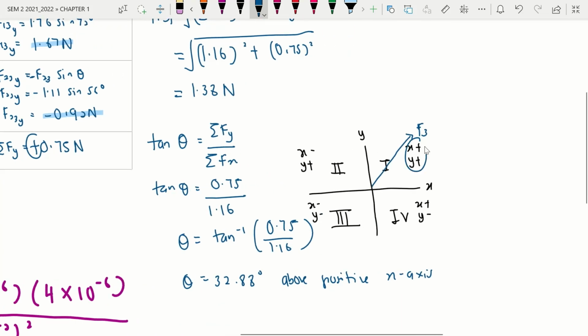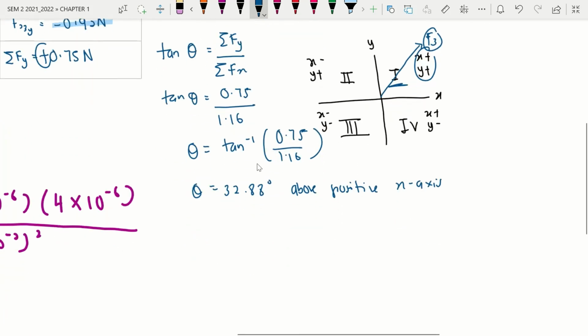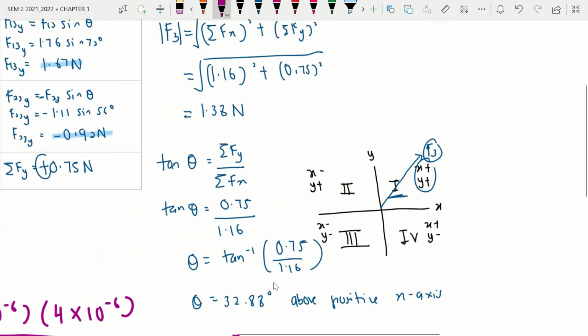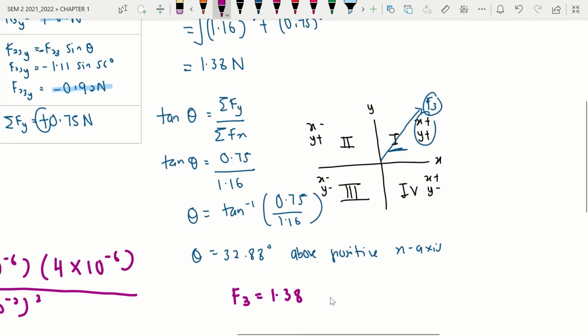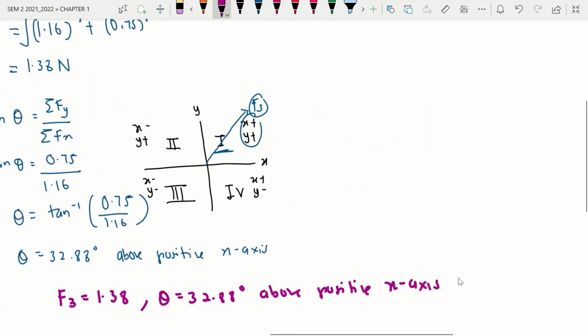That's why it is in the first quadrant, or we say above the positive X axis. So you can write a conclusion: the net electric force on charge 3 is 1.38 Newton, with the angle 32.88 degrees above the positive X axis. That's all.